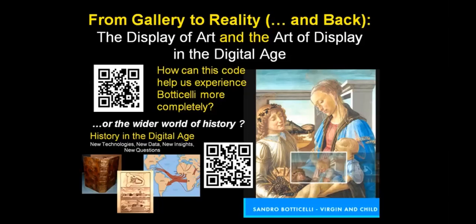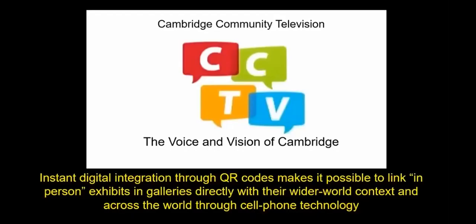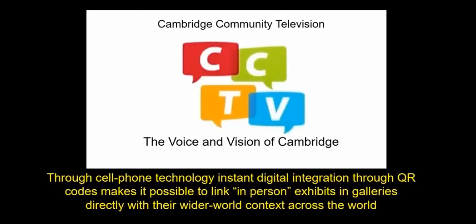This is why history in the digital age has become something entirely new, with the communications capabilities of things like Zoom technology and QR codes. Cambridge Community Television used the QR codes, and it made it possible to communicate this material over the television to large numbers of people who could then be invited to see the exhibit.